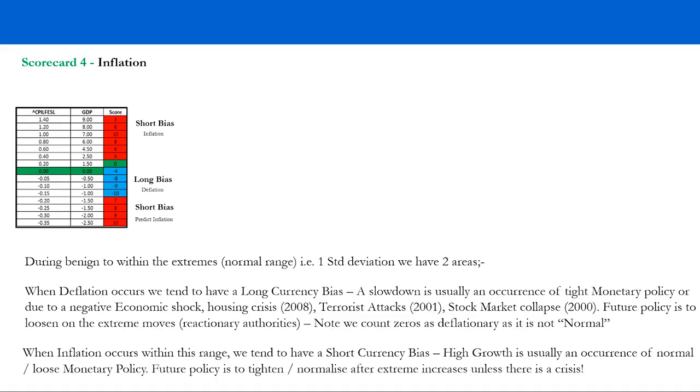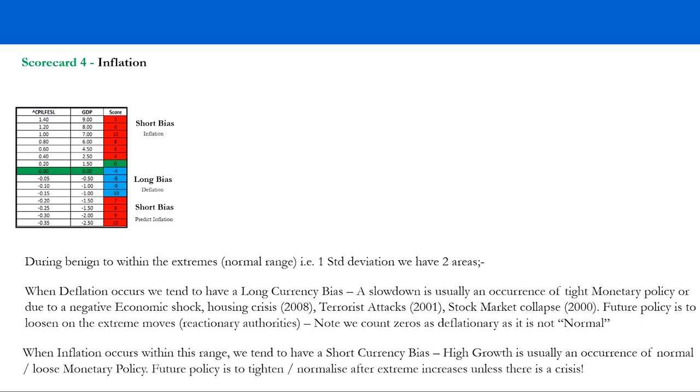Now, when inflation occurs within the normal range, so when we're looking at the positive side, we tend to have a short currency bias. And throughout history, high growth is usually an occurrence of very normal or extremely loose monetary policy.